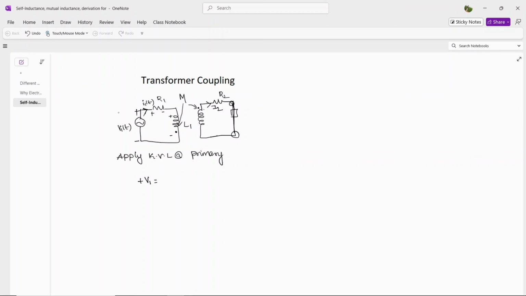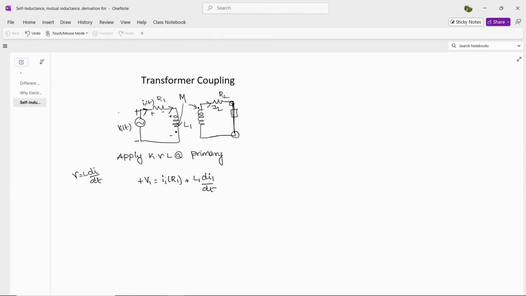The drop is I1 into R1, and the voltage across the inductor is given by the formula V equal to L di by dt. This I am going to write as L1 dI1 by dt, and this inductor has a mutual inductance.